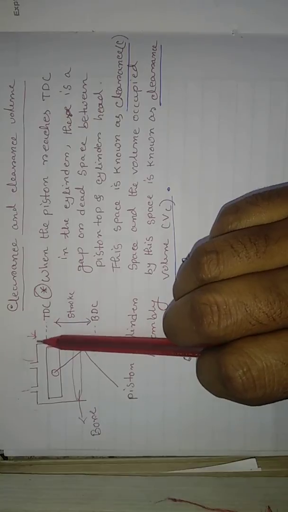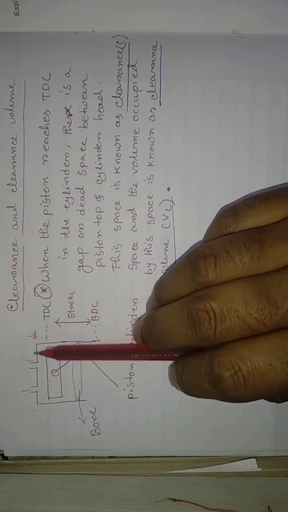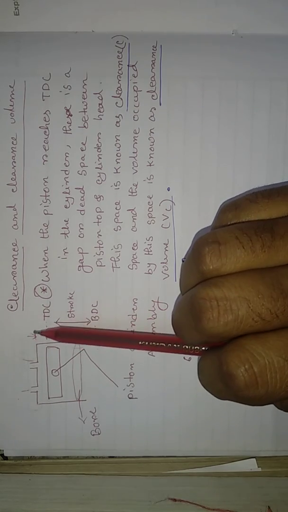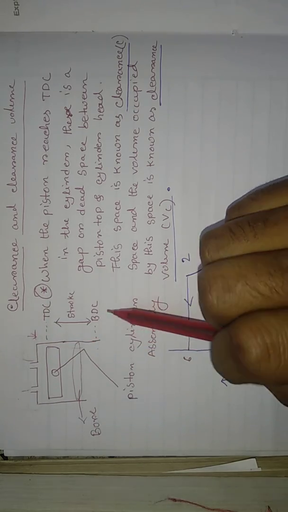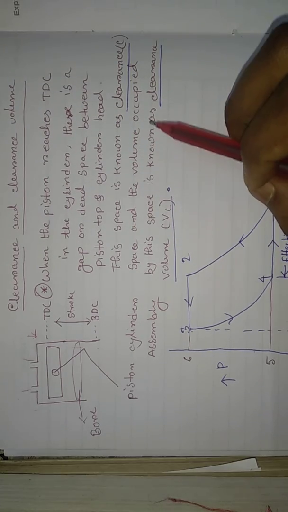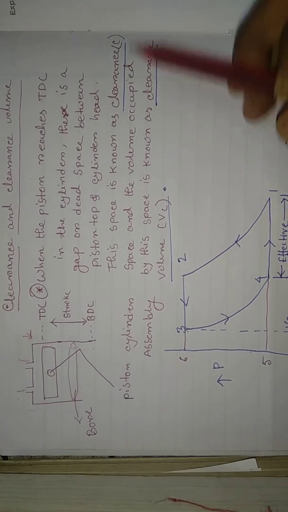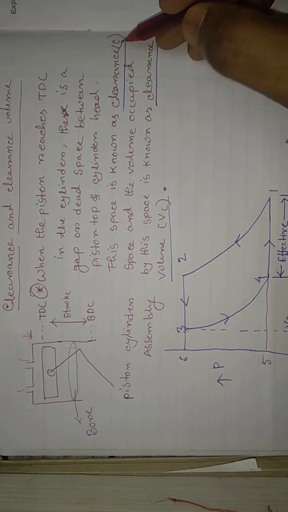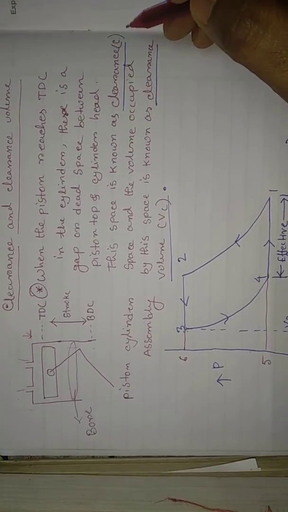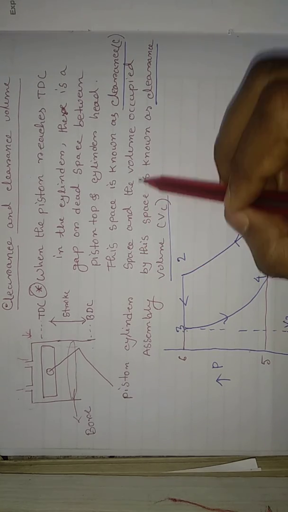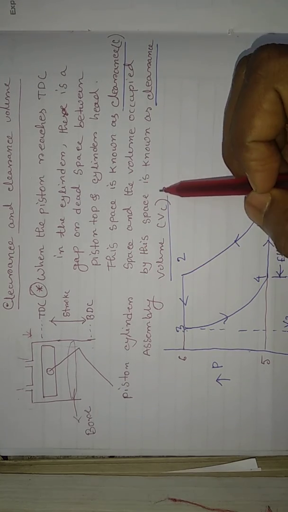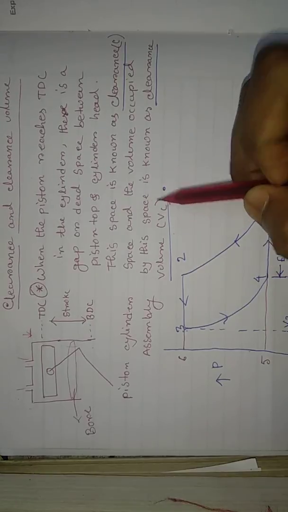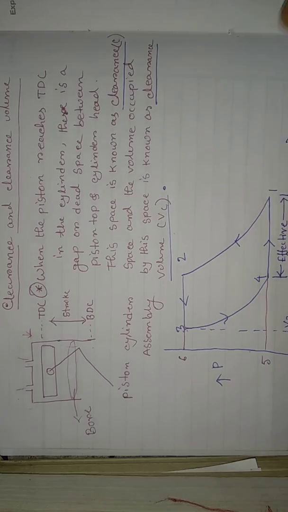This dead space between the top dead center and the cylinder head is known as clearance, designated with capital C, and the volume occupied within this space is known as clearance volume, that is capital V small c.